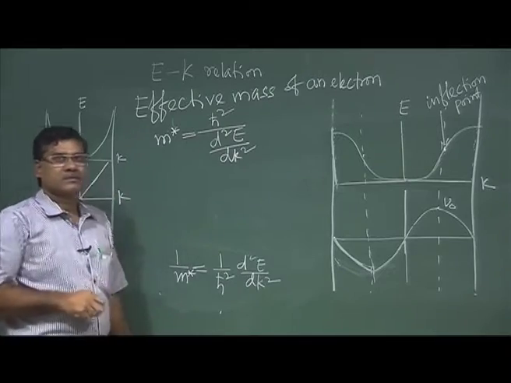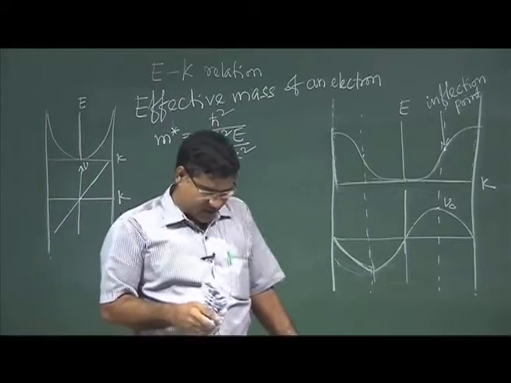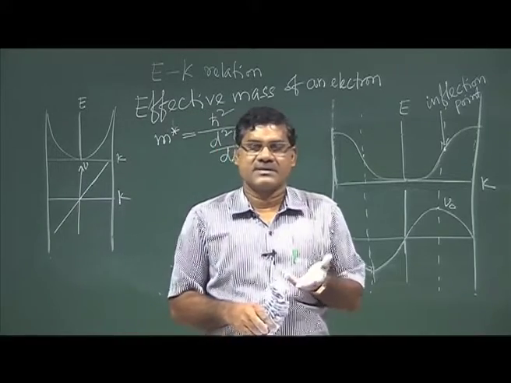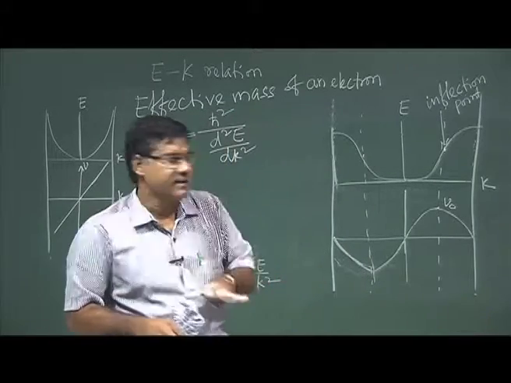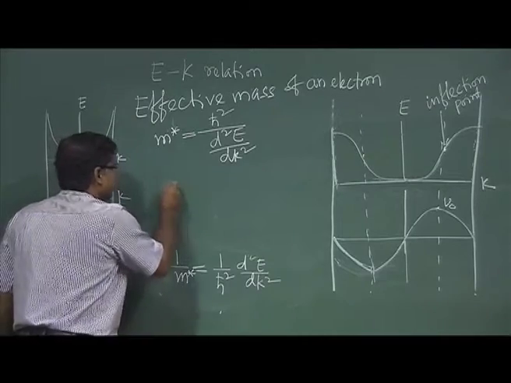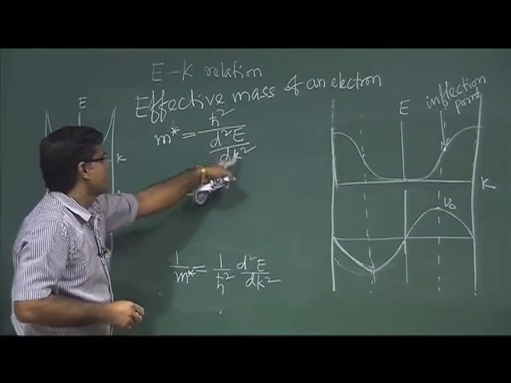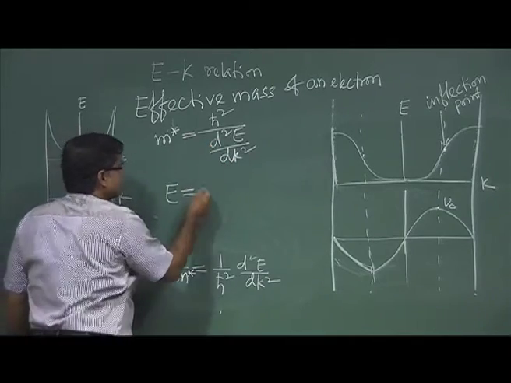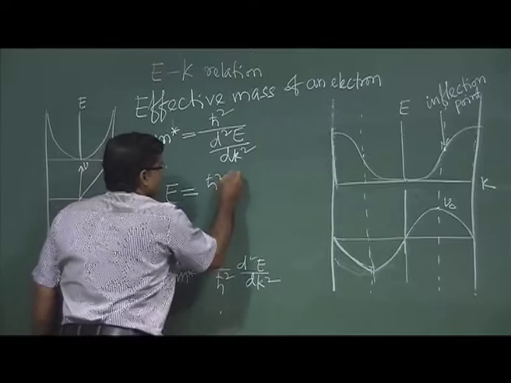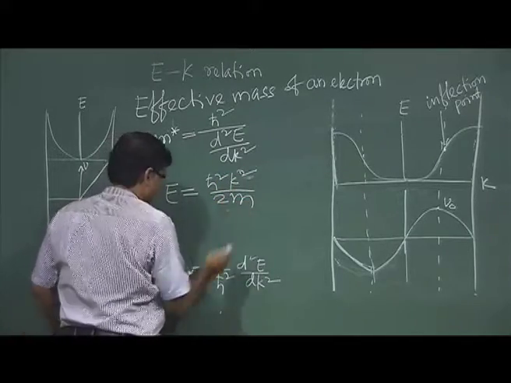Okay. So, this is again a general definition of mass, whether the electron is free or in a lattice. Just check it. For a free electron, I have to know the E-k relation. So, that was E equal to h cross square k square by 2m, right.